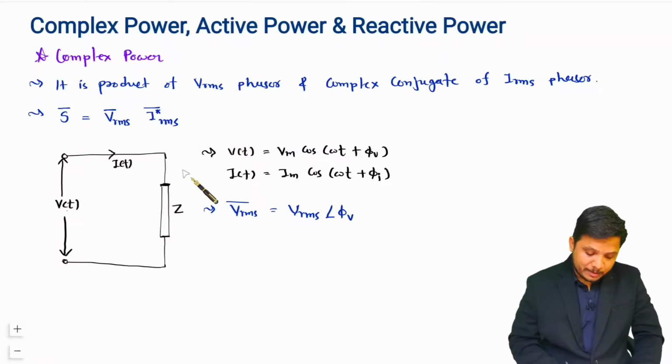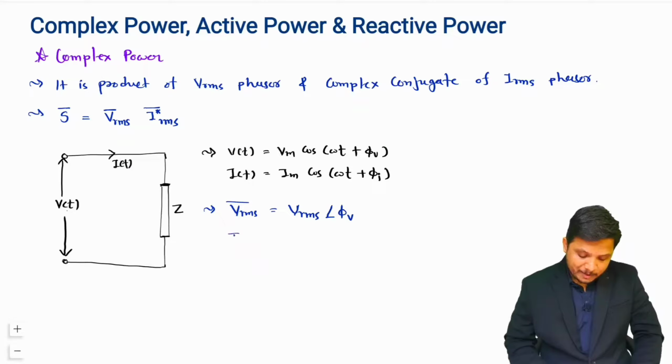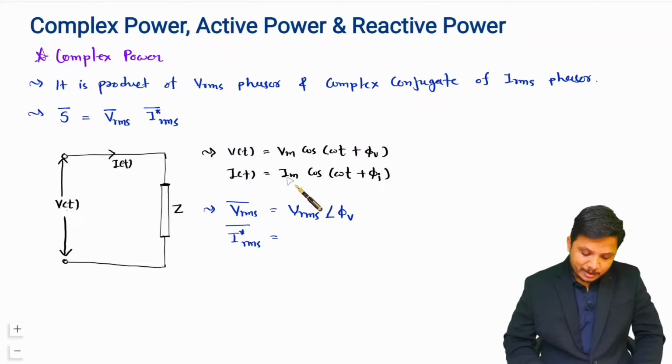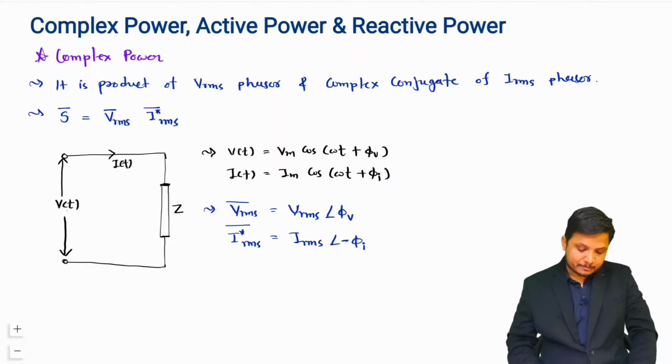When you represent the complex conjugate of Irms phasor, that is I star rms phasor, the magnitude is Irms, that is Im by root 2, and because it is a complex conjugate, the phase angle will be minus phi i.